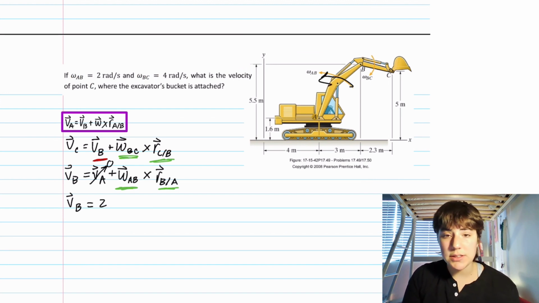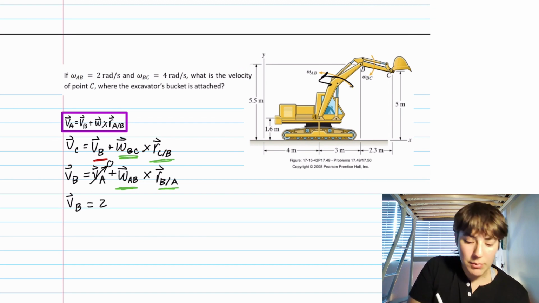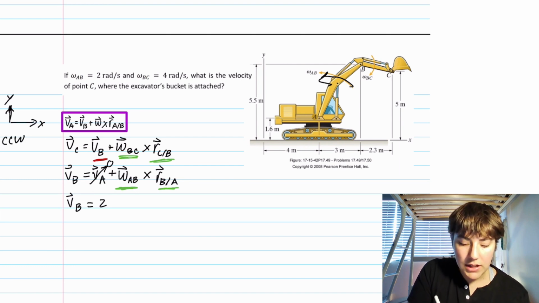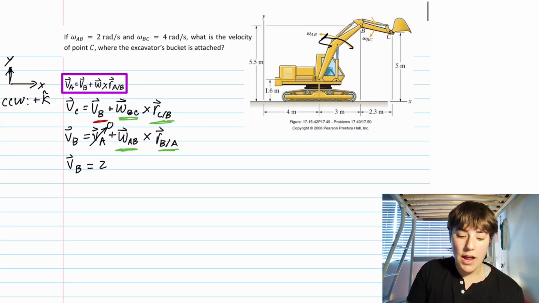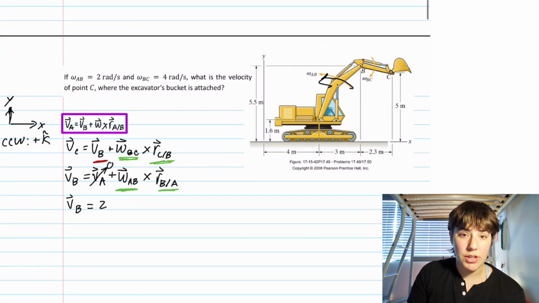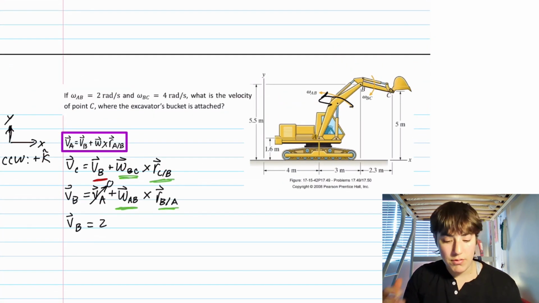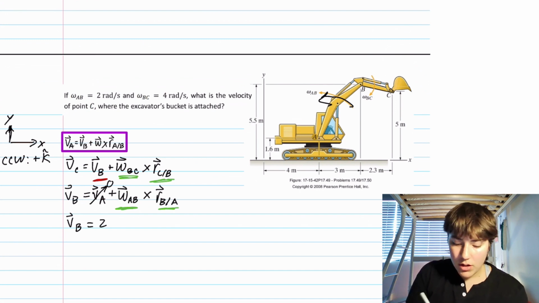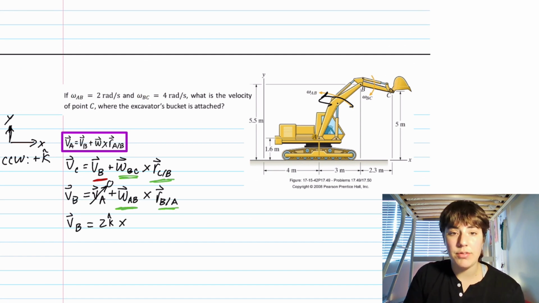When the coordinate system axes are set up where y is like this and x is like this, then counterclockwise gives you a positive k vector, and clockwise would give you a negative k vector. So let's use a positive value crossed with the position vector from A to B.